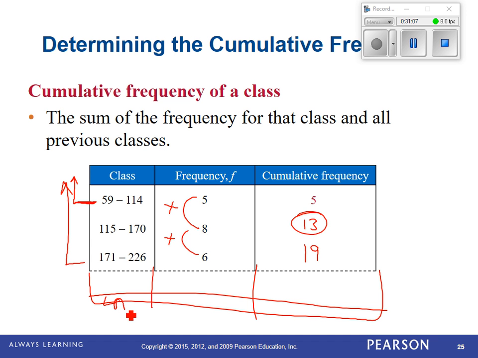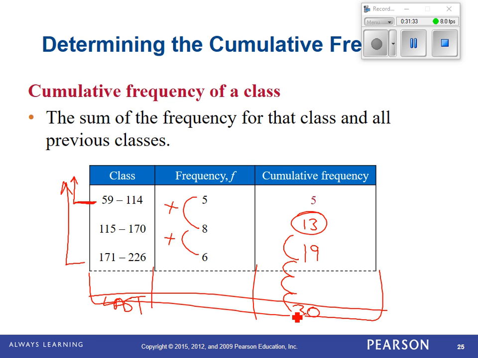This is the very last one, since I don't have the whole chart up here. We already know that the very last one should be the same as the total number of pieces of data that we had in our set. In this case, it was 30. So once we keep adding on, that last one right there should be 30.